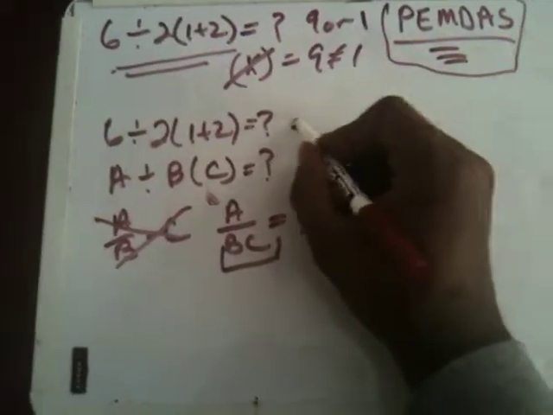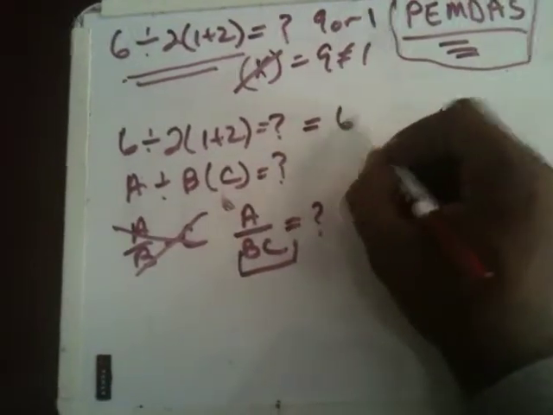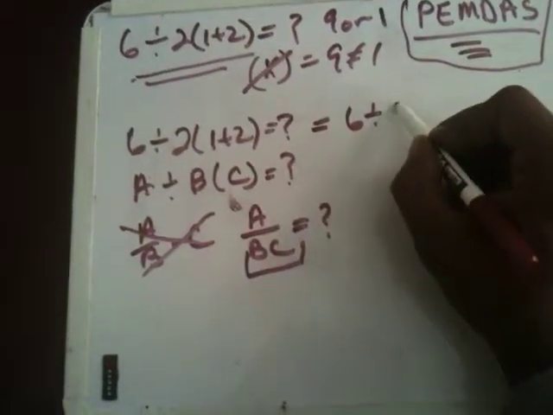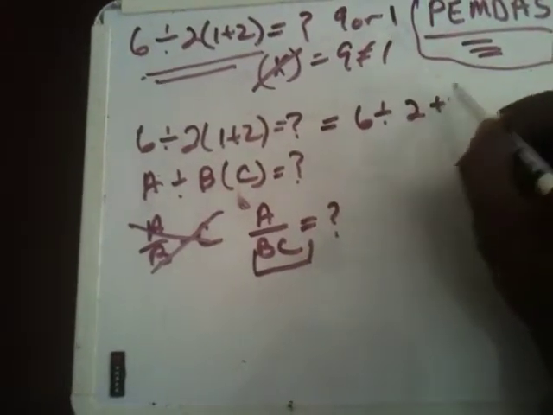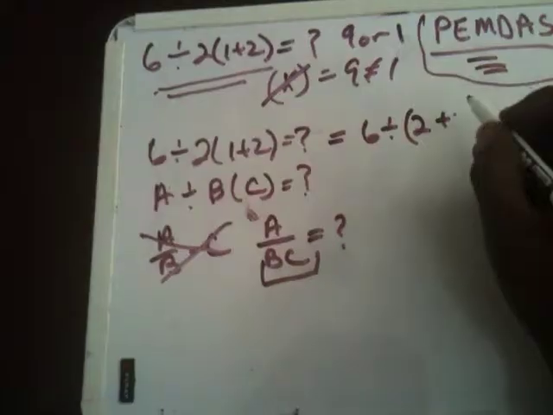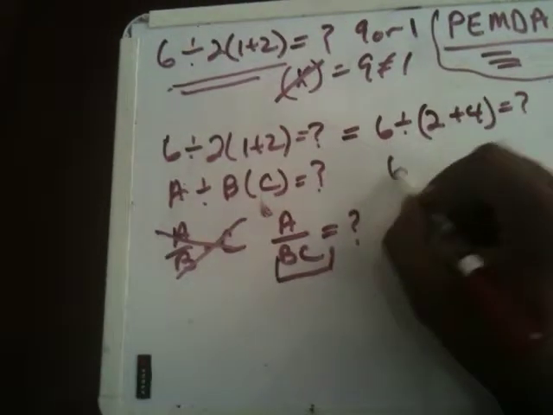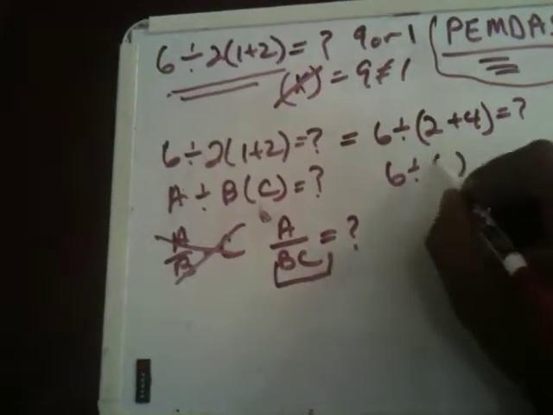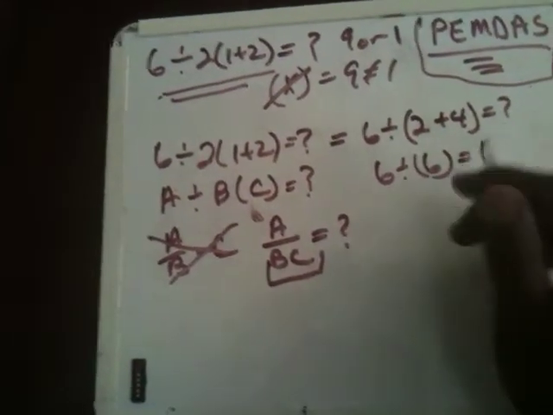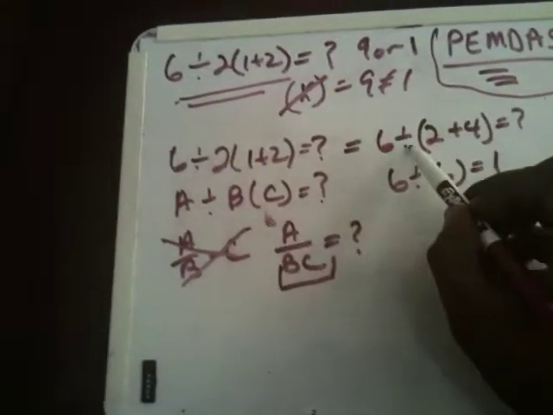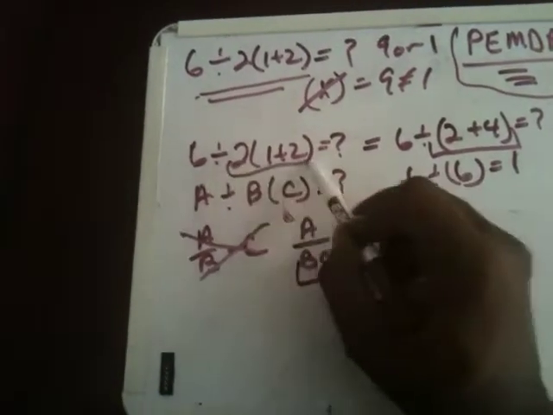So this is the same. You can say 6 divided by 2 plus 4 is equal to what? 6 divided by 6 is equal to 1. Because these are a unit. You cannot separate the unit.